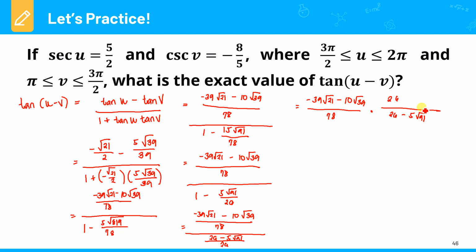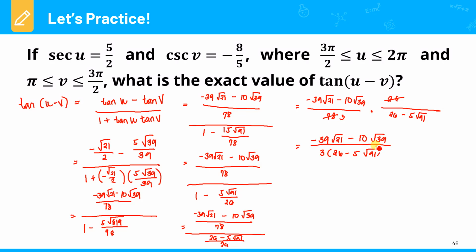In this case, 78 and 26, 78 divided by 26 is equal to 3. So here this is 3. So you have negative 39 square root of 21 minus 10 square root of 39 over 3 times 26 minus 5 square root of 91.